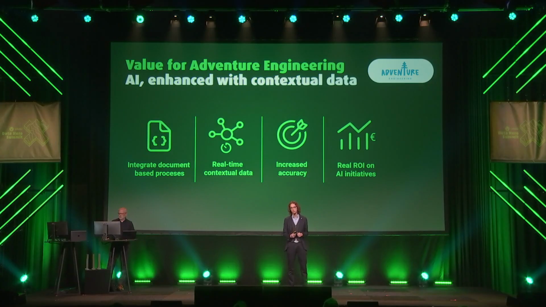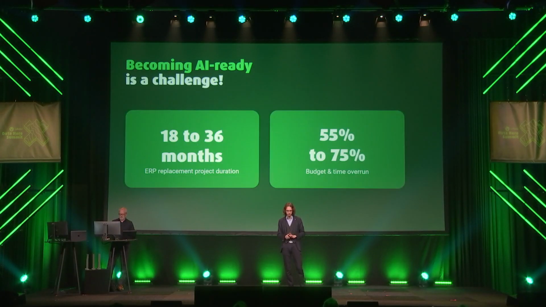So by making sure that in a safe and secure way, you can take this data into account when you start to do your AI initiatives, and you make the data and the AI initiatives contextualized and enriched, then you can increase the accuracy and make sure that you don't fall in the 85% of failing initiatives, but in the 15% ones which really return on investment. And I think this is why it's so important to get to that real-time contextual data.